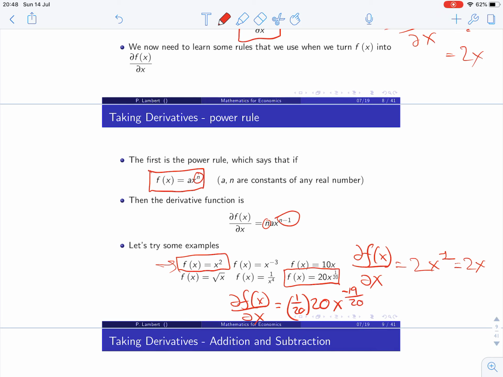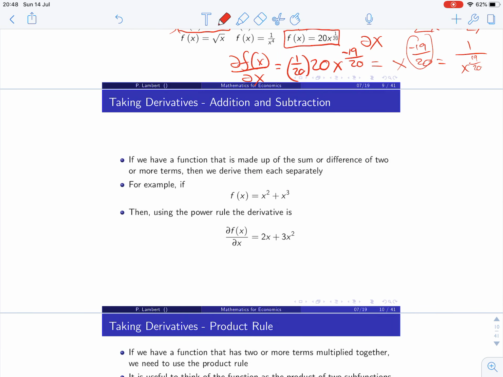We can see that 1 over 20 times 20 just equals 1, so the derivative is x to the power of negative 19 over 20. And whenever we have a negative exponent, we could also just write that as 1 over x to the power of 19 over 20. We can turn a negative exponent into a positive exponent by taking it to the bottom of a fraction. Let's move on.